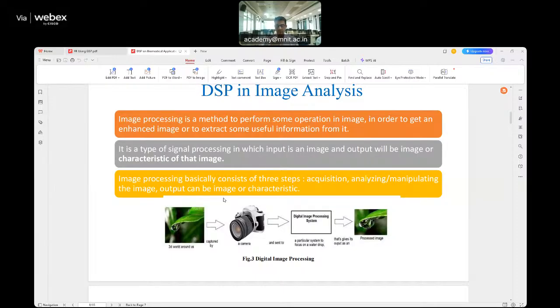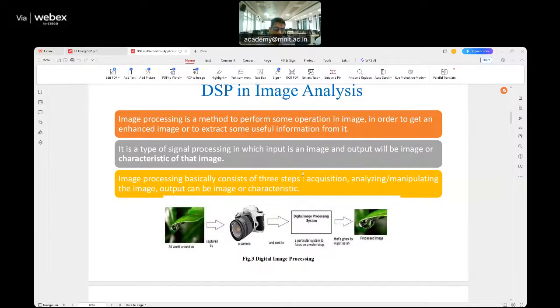So how can we relate it with signal processing in general, DSP? In image processing, either the input is an image or the output is an image, where an image is definitely involved.